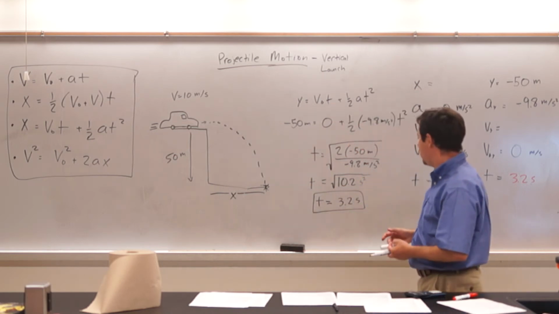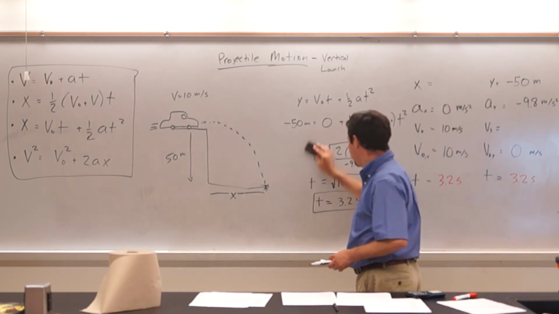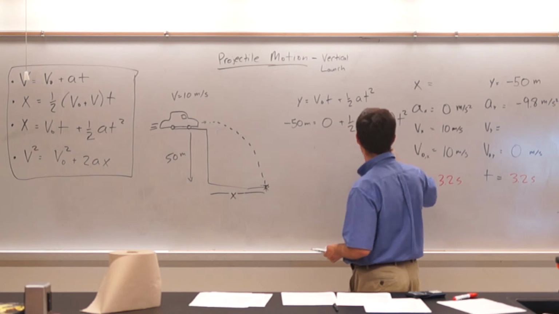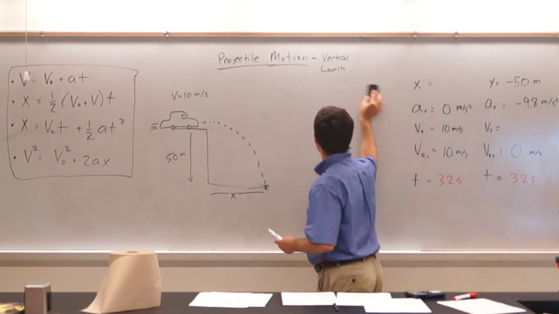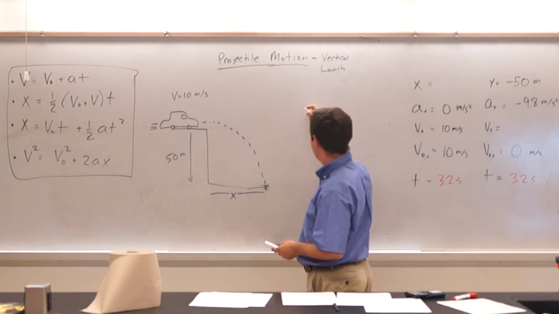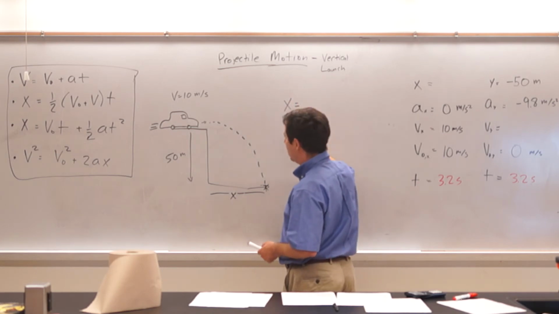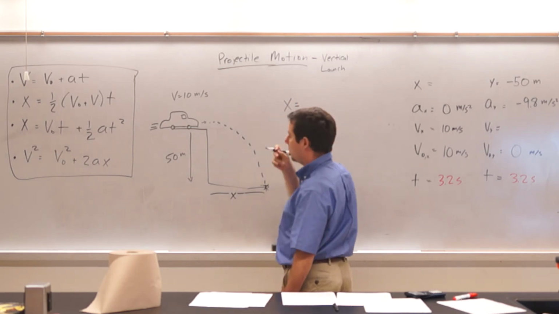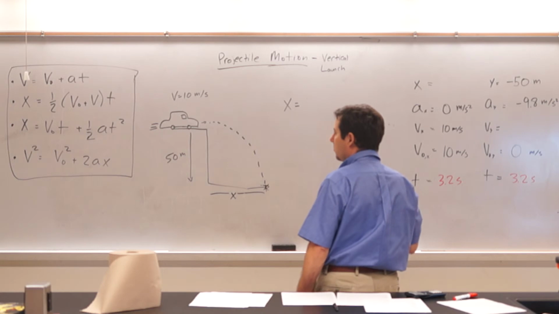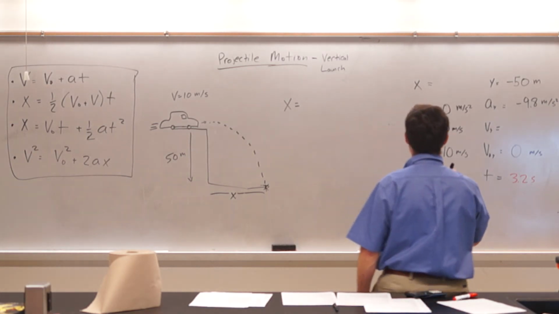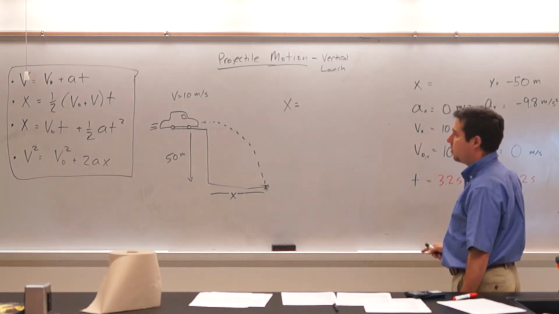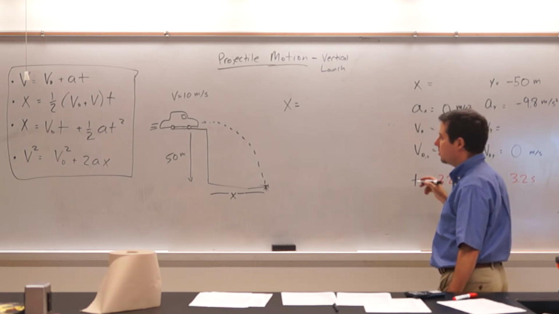Now we have enough information to figure out where. So we can say x equals, what's a good one? Let's see what we got here. We got 4 variables. We can use lots of different solutions.